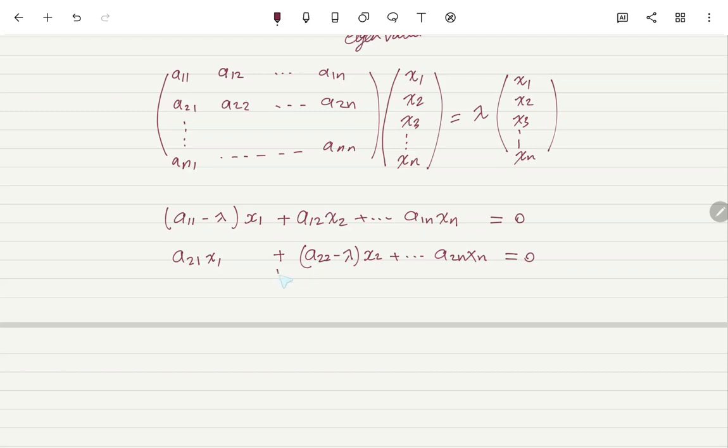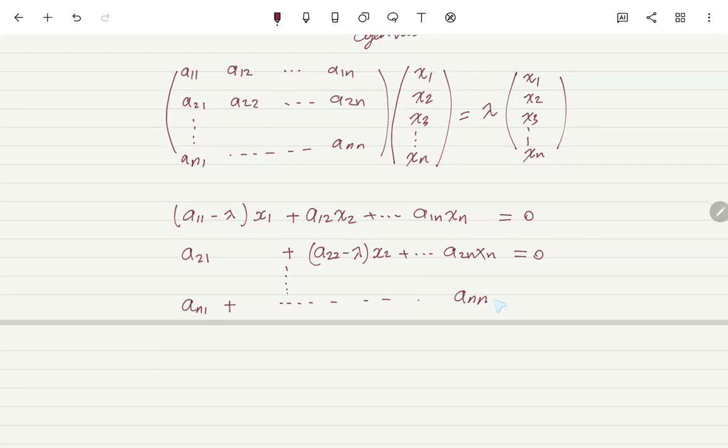If we just keep going with this one here, so an1 x1 plus ann minus lambda times xn, and this also equals 0.